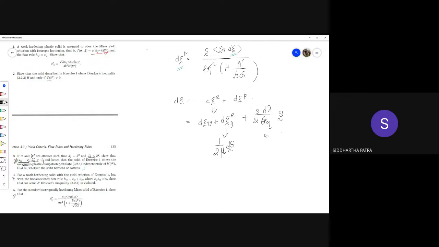Okay, so this mu right here is the same as the shear modulus. So I hope you understand where it is coming from.